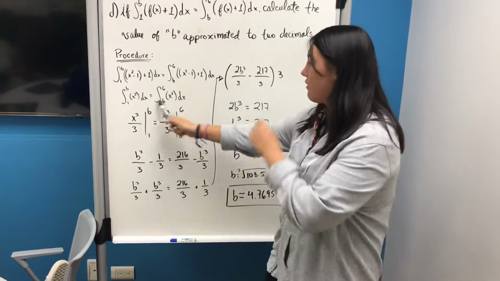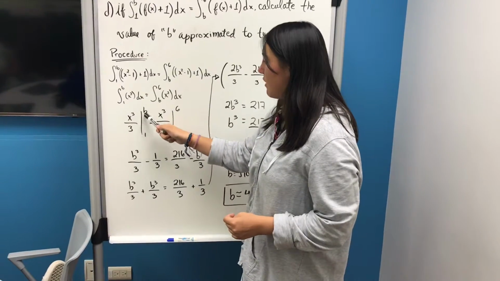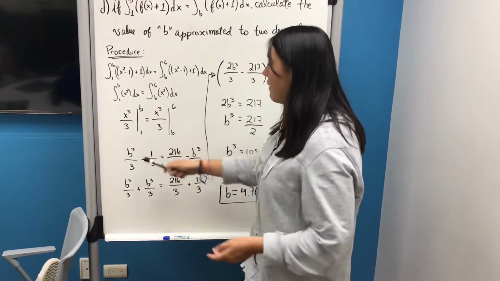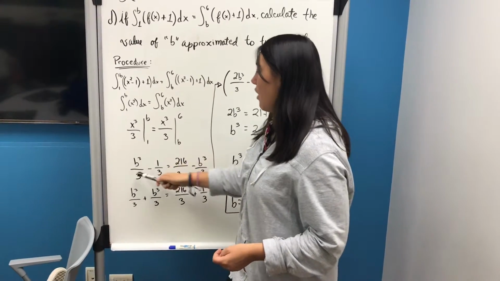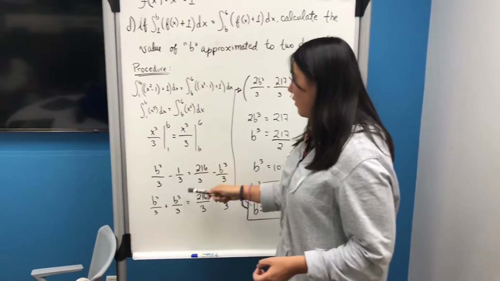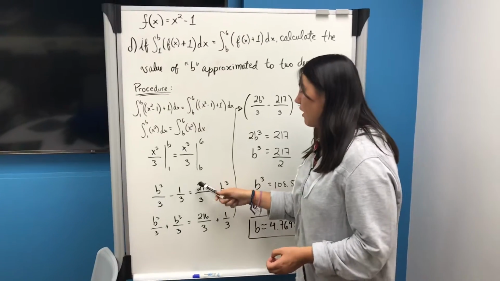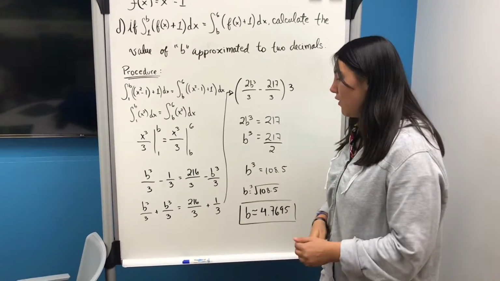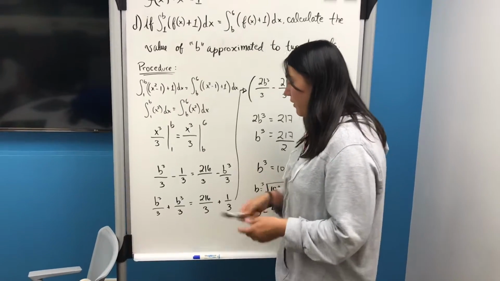So here we have to solve the integral. We substitute the numbers we have, and we get b cubed over 3 minus 1/3 is equal to 216 over 3 minus b cubed over 3.